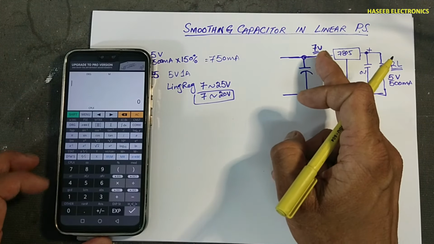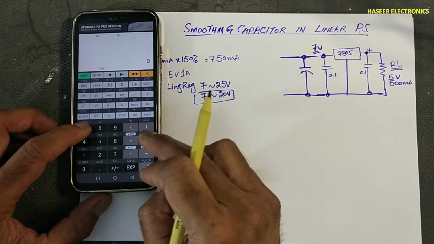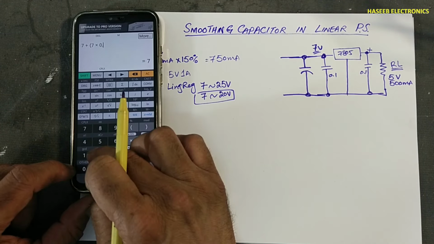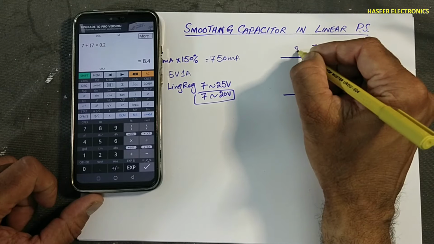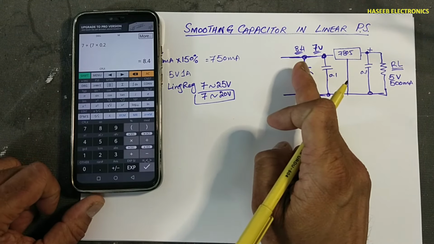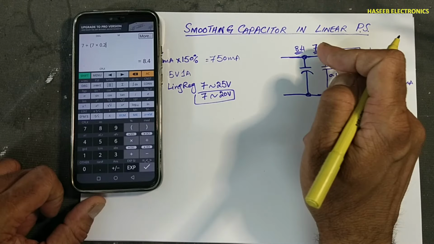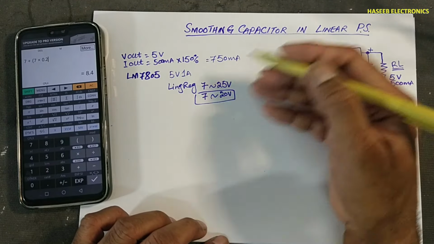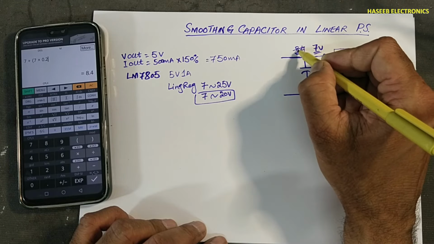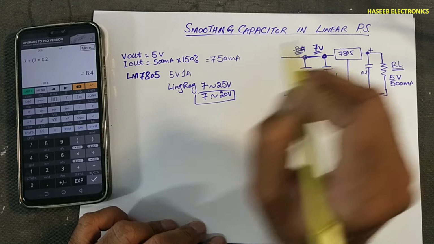We will provide 20% extra margin here. 7 plus 7 multiplied by 0.2, 8.4 volt. If you don't want to provide margin here, no problem, we will consider the same 7 volt. Okay, for the time being I will use this voltage level.